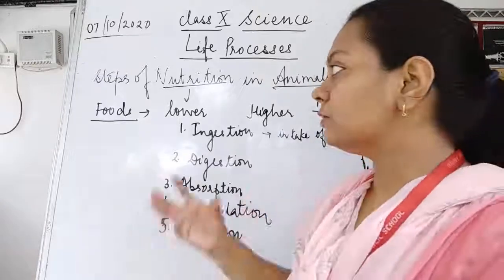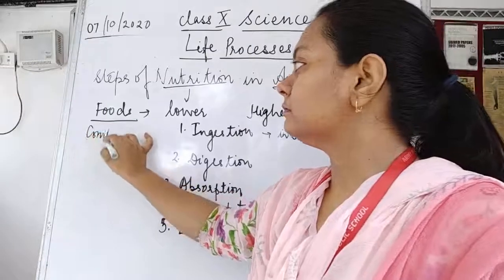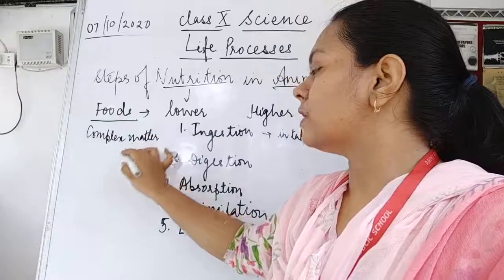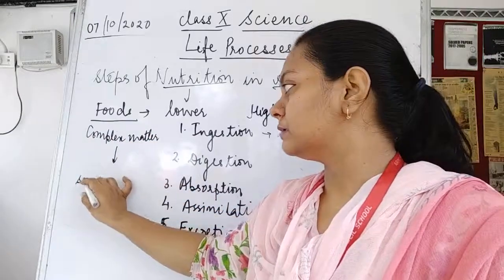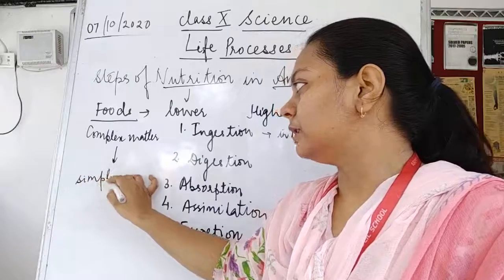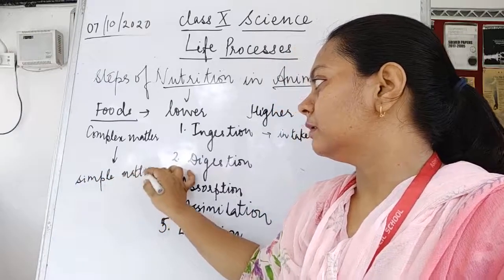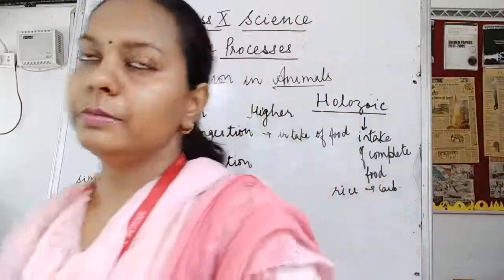Now, food is a complex material. From this complex matter, it has to be converted into simple matter. So complex food material is converted into simpler food materials.